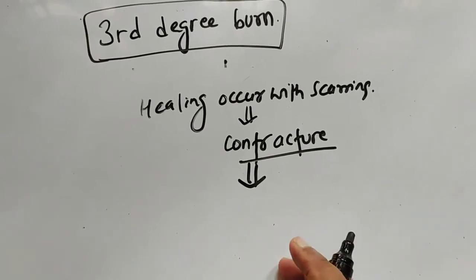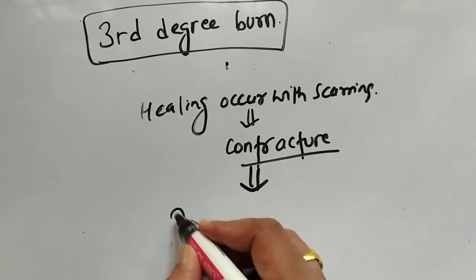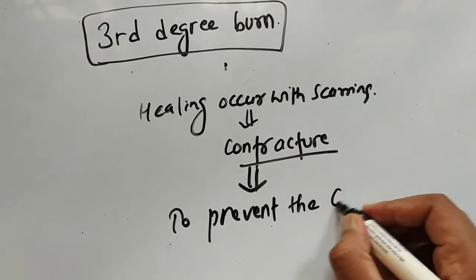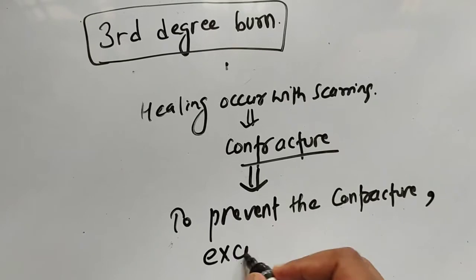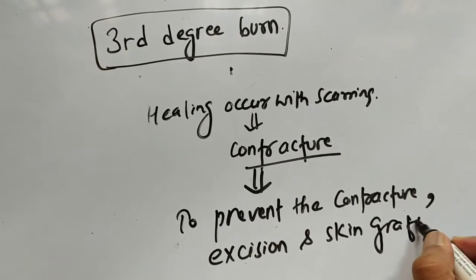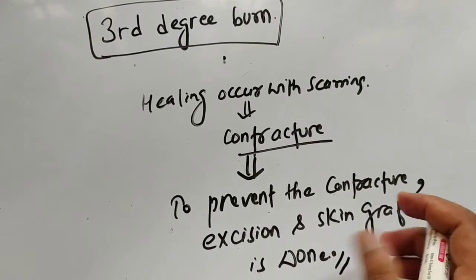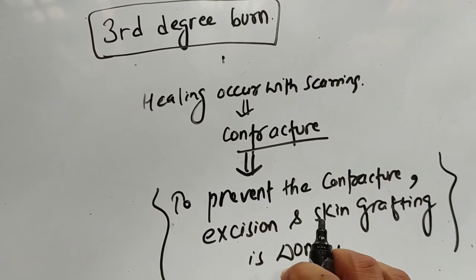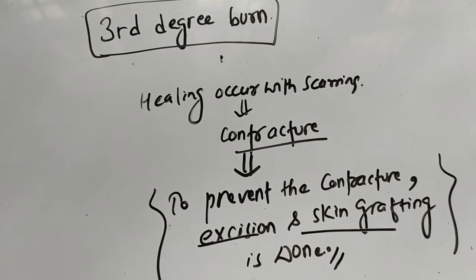So to prevent the contracture, excision and skin grafting is done. But yes, this is not the initial method of treatment. Initially, fluid resuscitation is done, and after the fluid resuscitation, the excision and skin grafting is done.